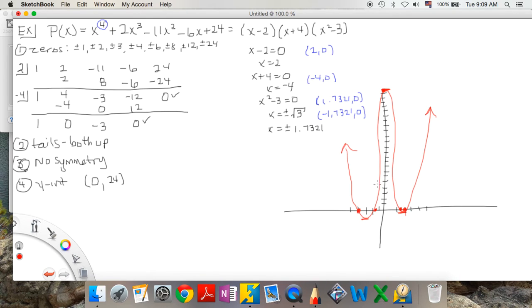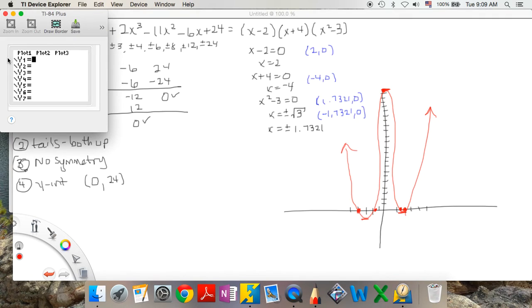So the easier thing to do is to look at your calculator. Now I'll warn you, when I use the calculator on the computer, sometimes it freaks out, so we'll hopefully get it to work here. So we put in this graph. So put in for your y equals.